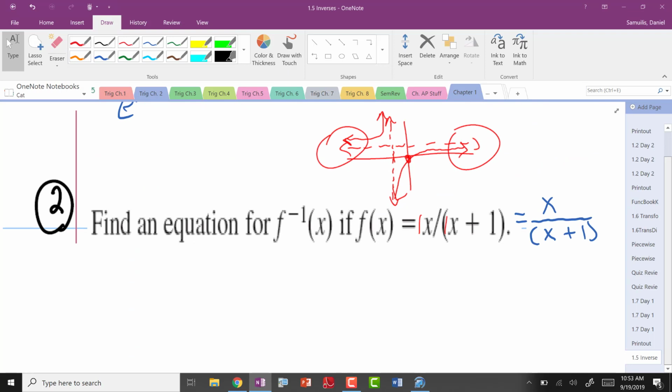It's actually a review of this chapter, the whole idea of asymptotes. Why do we have an asymptote at x equals -1? Because we cannot divide by 0, and that creates an asymptote. Then why do I have what looks like a horizontal asymptote at 1? When I plug in a million, what's a million divided by a million plus 1?